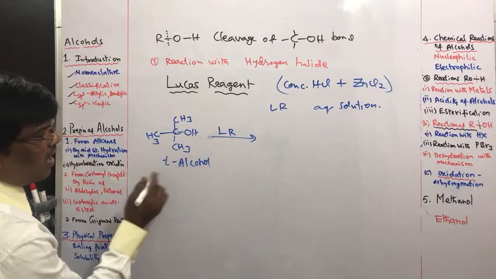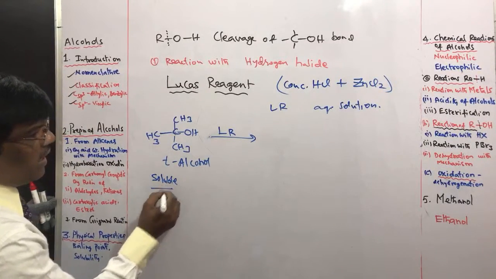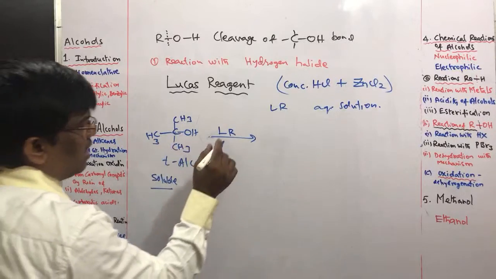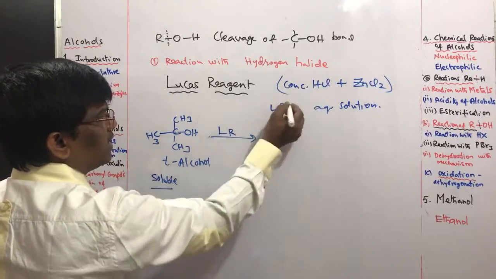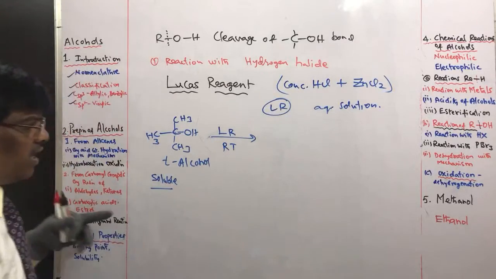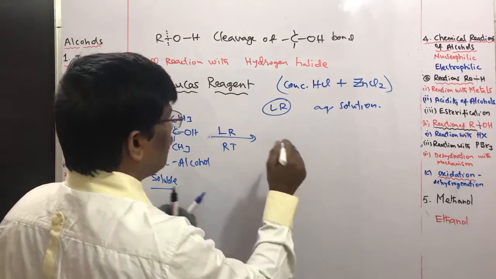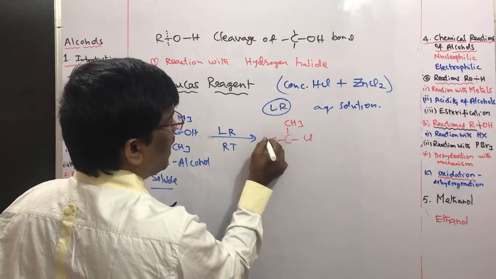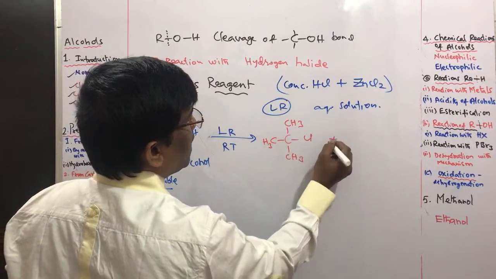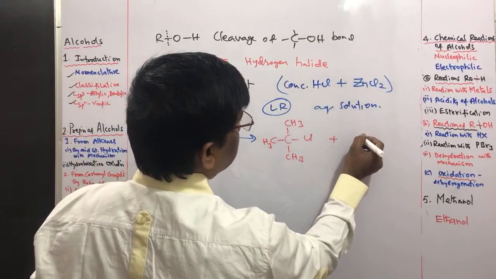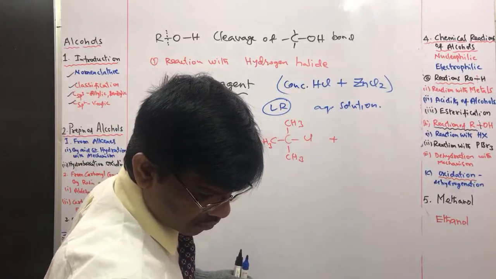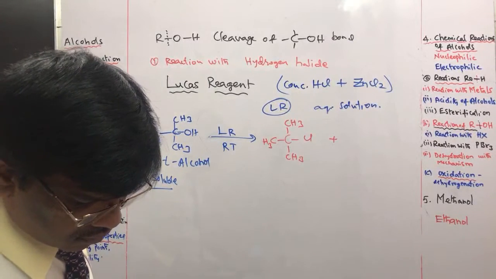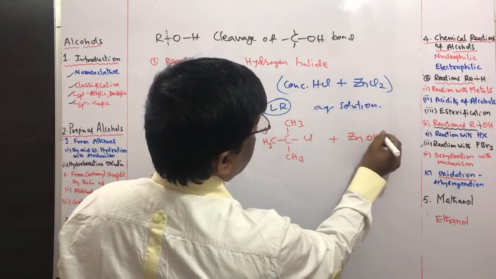So this tertiary alcohol is soluble in the aqueous solution of HCl and zinc chloride, and the moment we add it to this Lucas reagent at room temperature itself, tertiary alcohols are going to form this halide, tertiary butyl chloride plus zinc hydroxide.